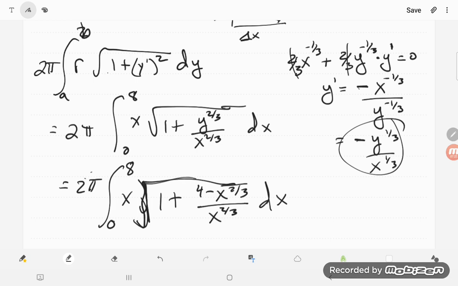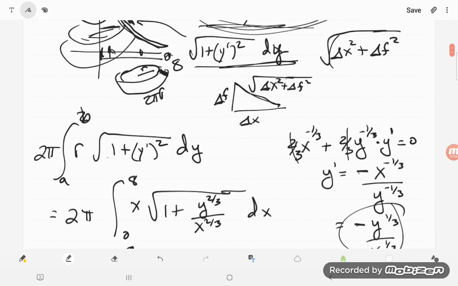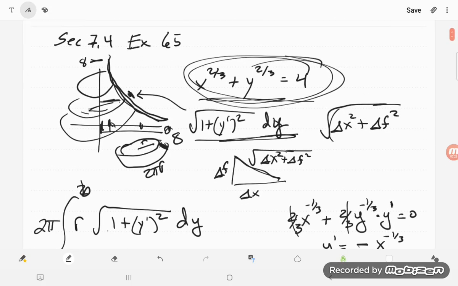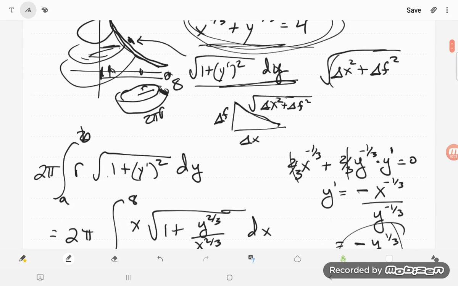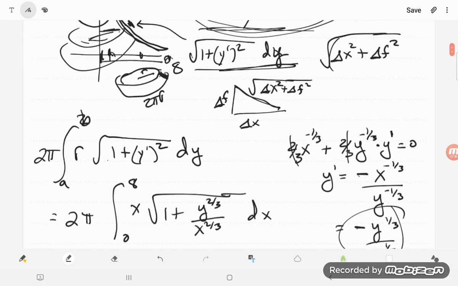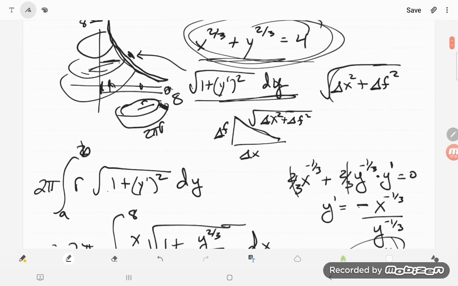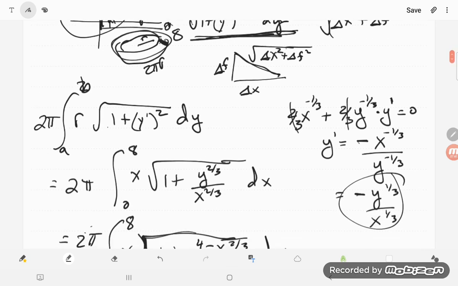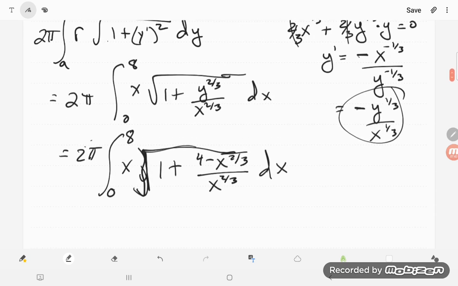But at any rate, that's setting it up. So if you had problems with this one, this is what we're doing. The key is building these little ribbons of 2 pi r times that arc length distance. Okay, so that's 65.